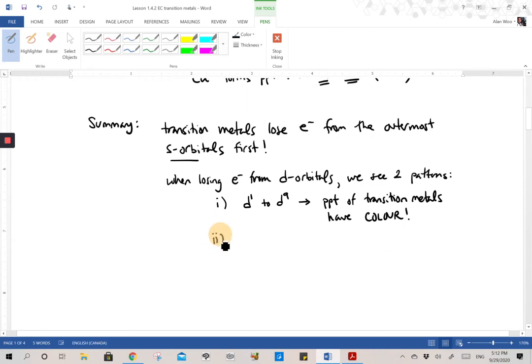But after losing electrons from the d orbitals, if the ending of each orbital is either d0 or d10, then the precipitates have no color, or at least they show no color. They just appear white.